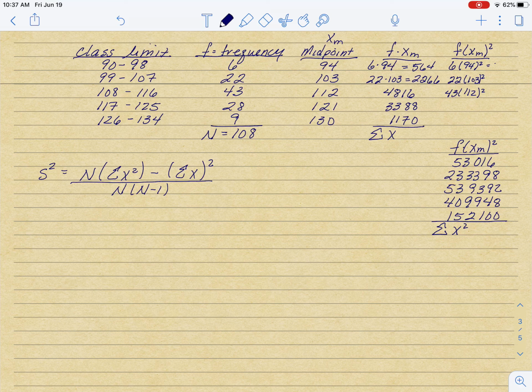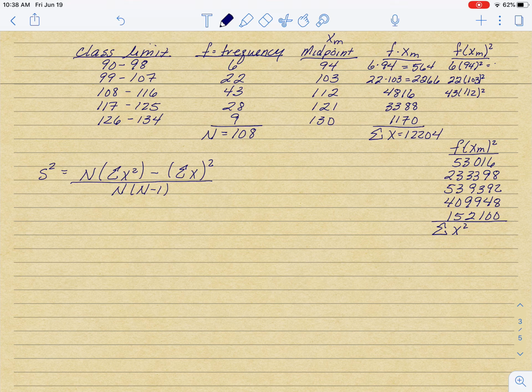And then if we add the frequency times midpoint, I get 12204, and then if we do frequency times midpoint squared, I don't know if I did that right.